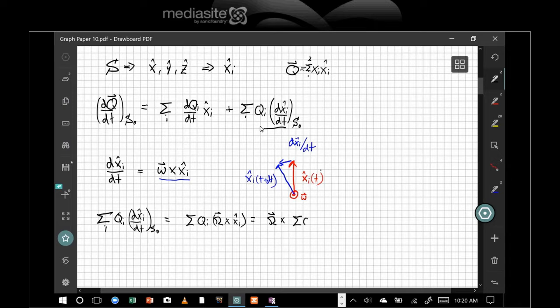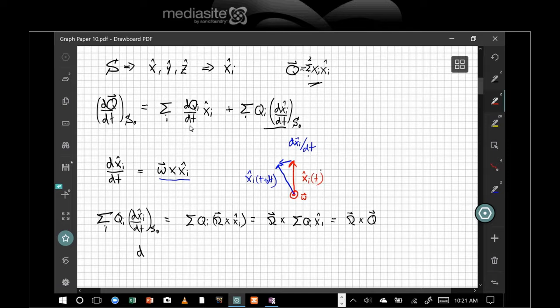But then I can use the commutative property of the cross product. I can bring out Omega, and then sum over q_i xi hat. That is just equal to q in the rotating reference frame. So we got a very general, really important, cool result.